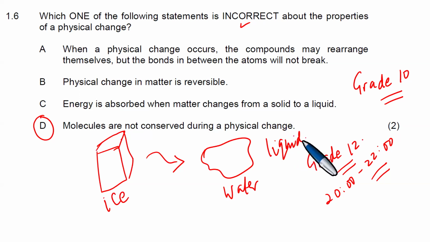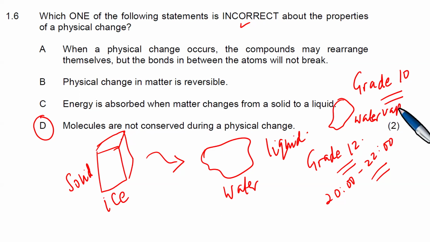Molecules are conserved because water can be a solid, it can be a liquid, and it can also evaporate, form clouds and become water vapor. According to science, the molecules themselves are conserved. Take note of that. It is incorrect because we had to look for the incorrect one.